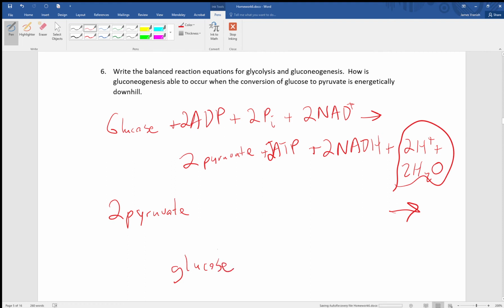Now the difference is what we're having to put in. If we did this in exact opposite order, we would put in just 2 ATPs here and cleave them, giving us 2 ADPs and 2 phosphates.